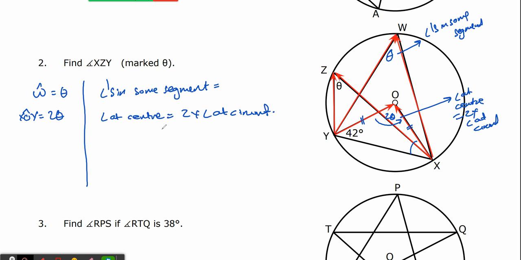And then from there, we've got radii which are equal. So OY equals OX. And therefore, angle OXY will be equal to 42 degrees, base angles of an isosceles triangle.